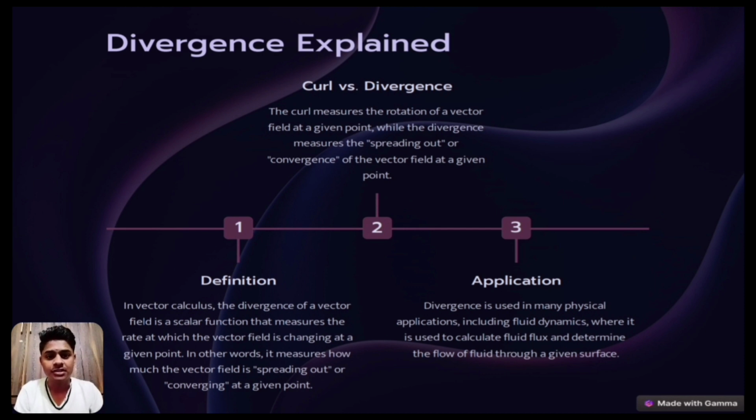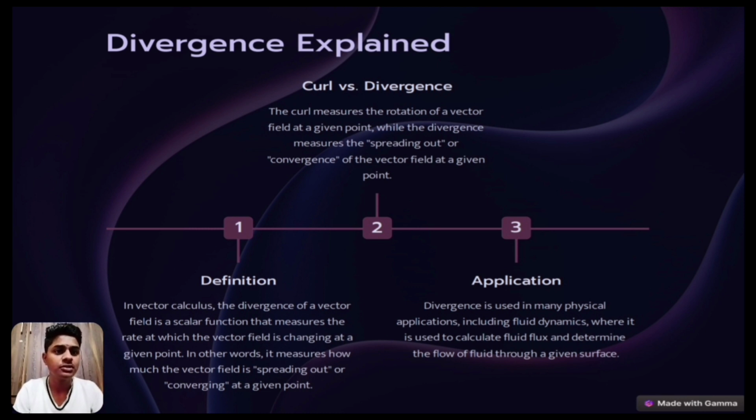Next, divergence. What is divergence? First, definition. In vector calculus, the divergence of a vector field is a scalar function that measures the rate at which the vector field is changing at a given point. Next, curl versus divergence.